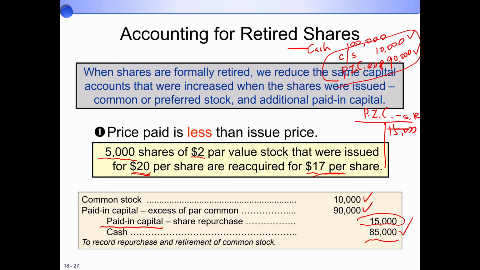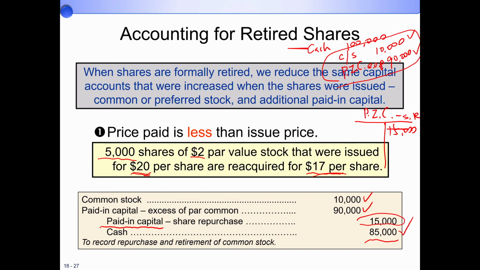When we issue preferred stock above par value, we have paid-in capital in excess of par for the preferred stock, also a paid-in capital account. So this is number 5, the fifth paid-in capital account, paid-in capital share repurchase. So far we have learned five paid-in capital accounts. So the excess of par common, is the balance 0?